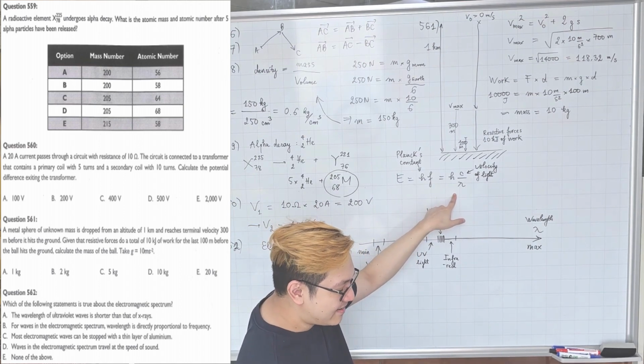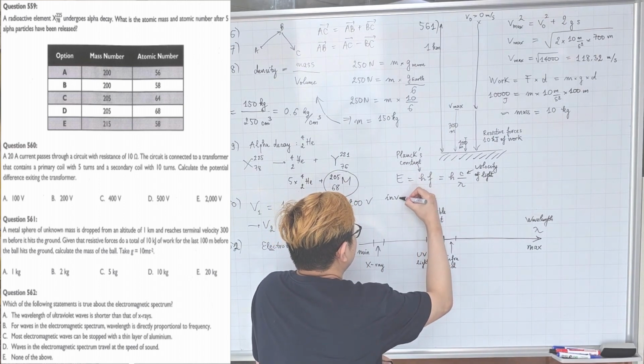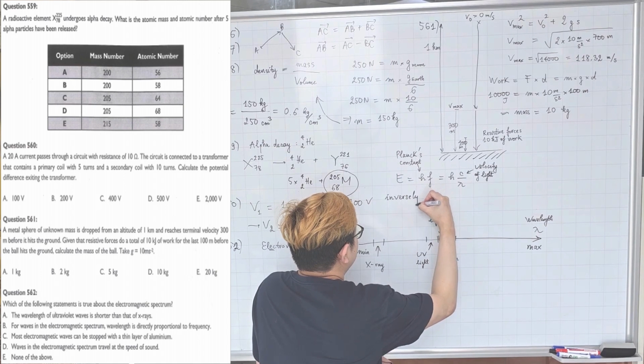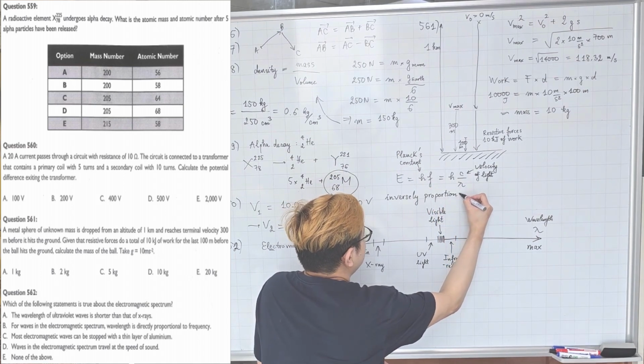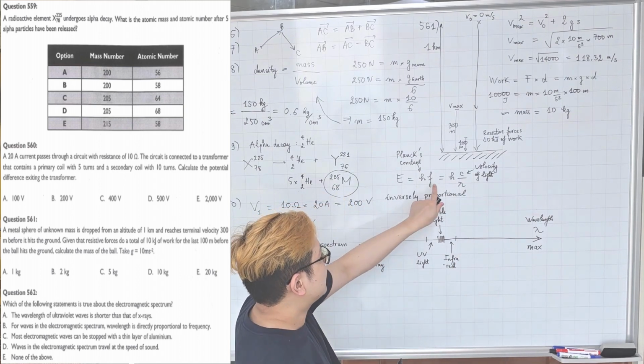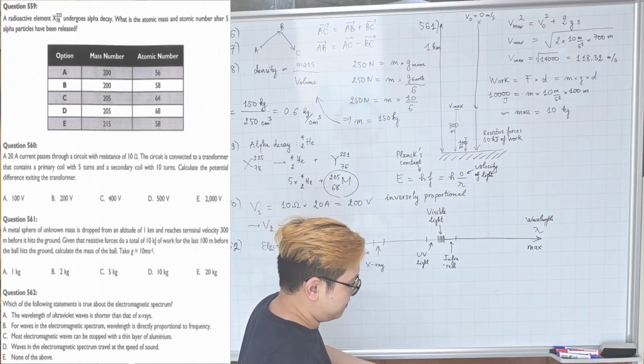Yeah, it's inversely proportional. Tỷ lệ nghịch nha. So it means if this one increases, this one decreases. Inversely proportional. Tỷ lệ nghịch.